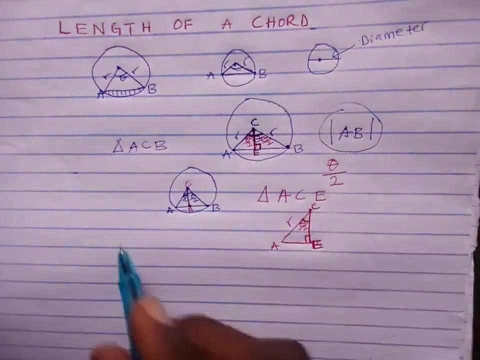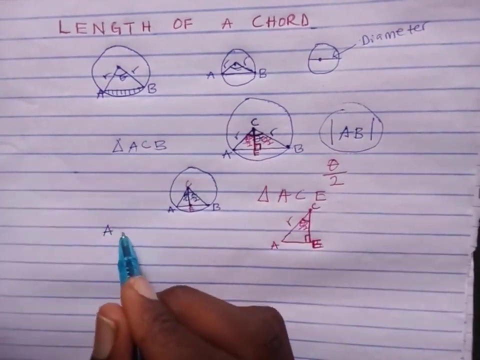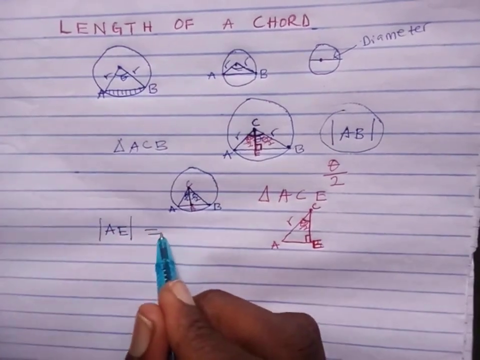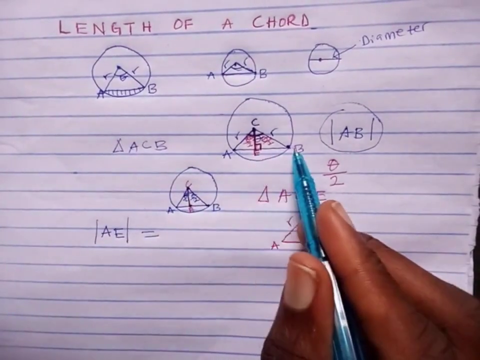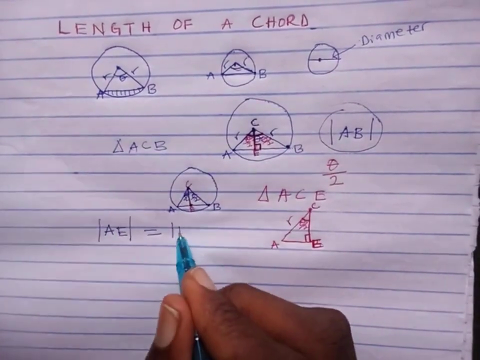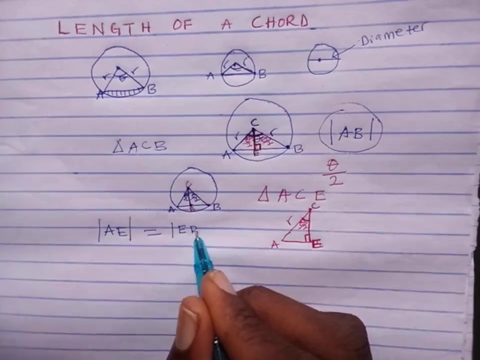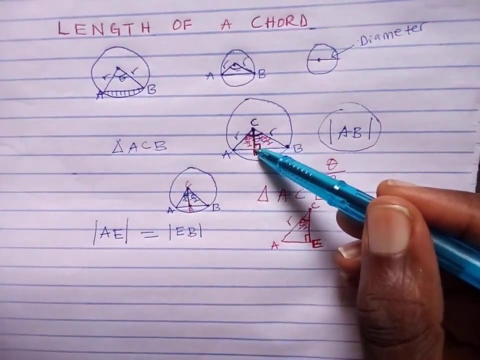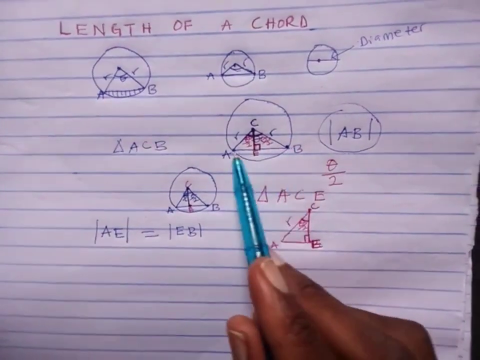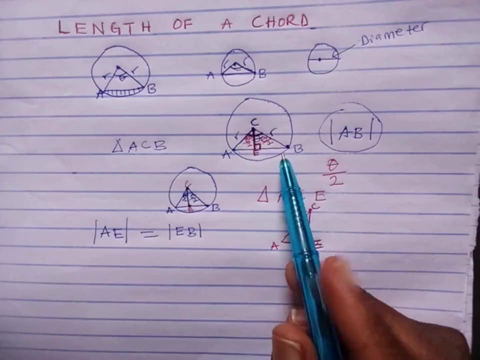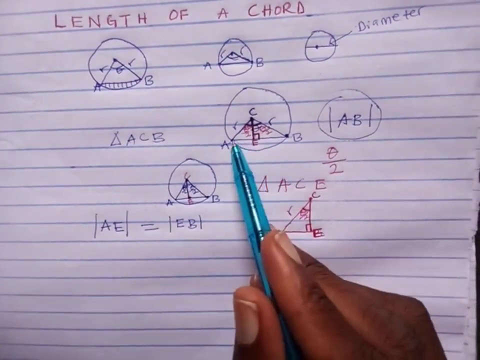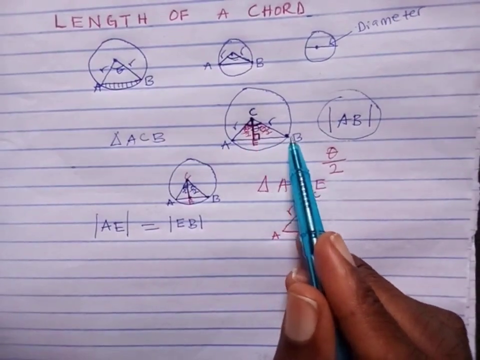So line AE is going to be equal to line EB, because this line running in the middle divides this into two equal parts.